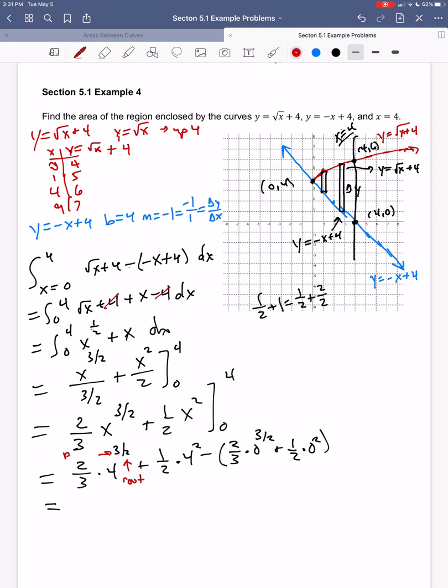The 3 here is my power. So I get 2/3. The square root of 4 is 2. 2 cubed is 8. And all this is 0. So I get 16/3 plus 8 over 1. That's 16/3 plus 24 over 3, which would be 40 over 3.